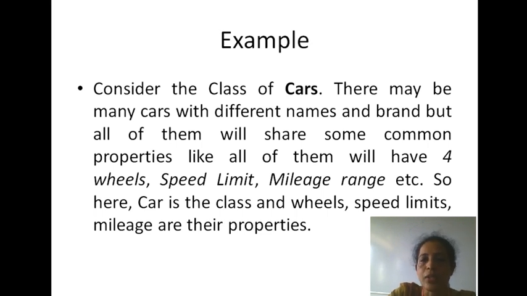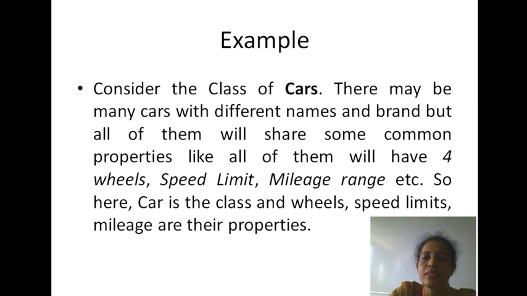So as a whole, the name of the class we can define as Car, and common properties like the number of wheels, speed limit, mileage, and chassis number are everything defined as the common properties of cars. These things we can describe as the data members of that particular class, Car.